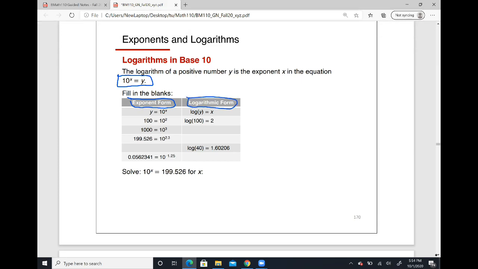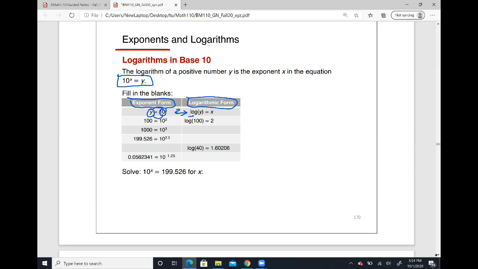From the left I can convert to the right, or from the right I can convert to the left. Take a look at the first one. You see that y is the argument, so you can have log base 10 of y equal to x.